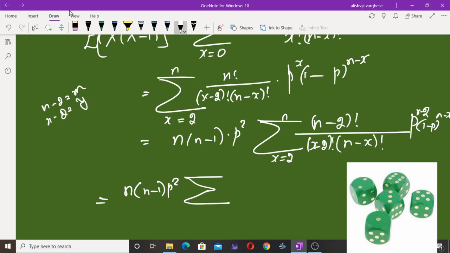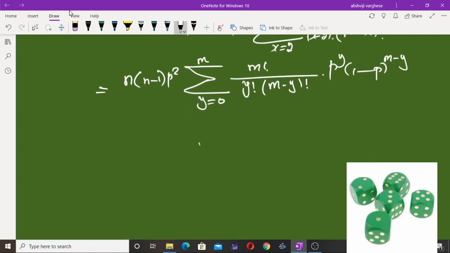So this is equal to m factorial divided by y factorial into (m minus y) factorial into p raised to y, 1 minus p raised to m minus y, and the summation is taken over y, and y can vary from 0 to m. And as in the previous case, this summation is equal to 1, and therefore expectation of x into x minus 1 is equal to n into n minus 1 into p square.